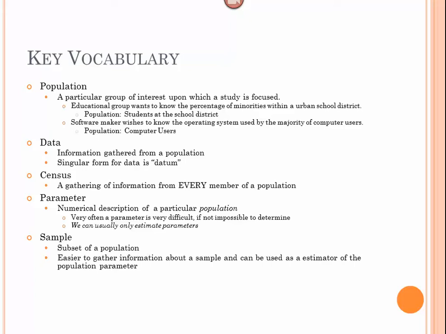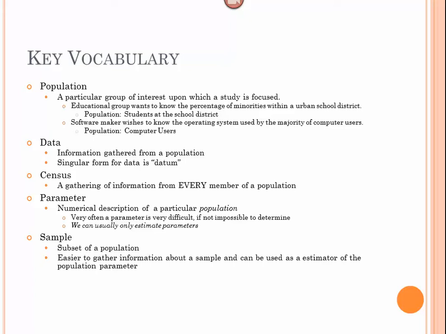We choose this simply because it's easier to gather information about a sample. And a lot of times, because we can be sure about the size of our sample and we can be relatively sure that it's reflective of the overall population, given we followed some proper procedures, we can actually use this as an estimate of the population parameter.